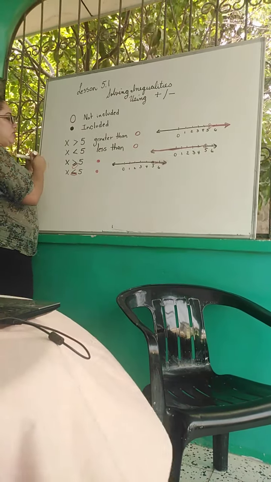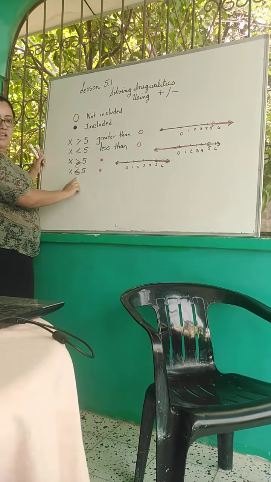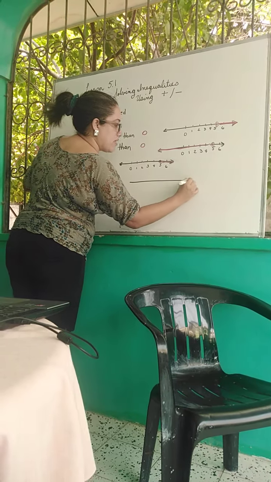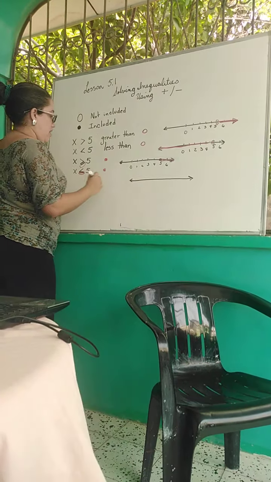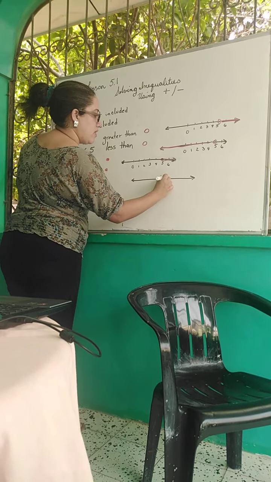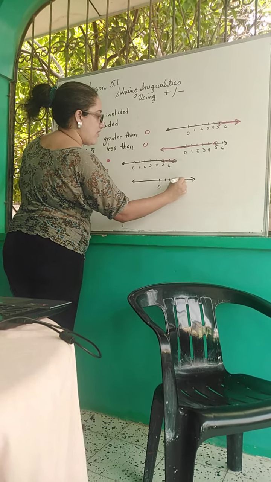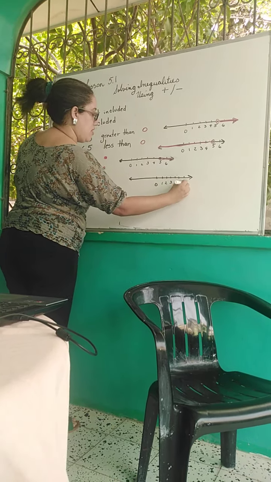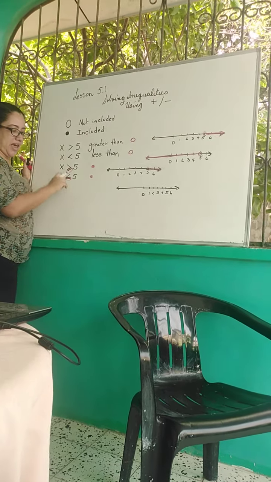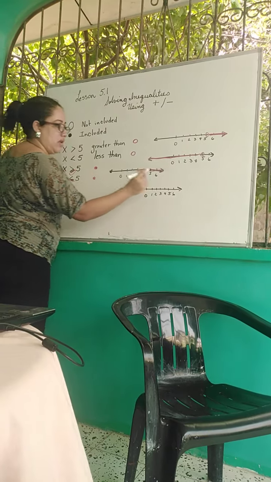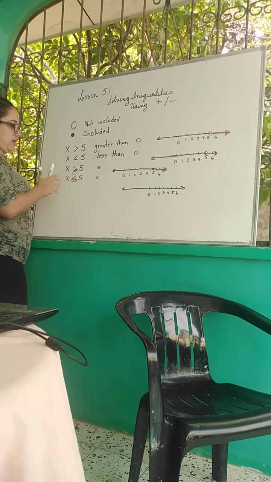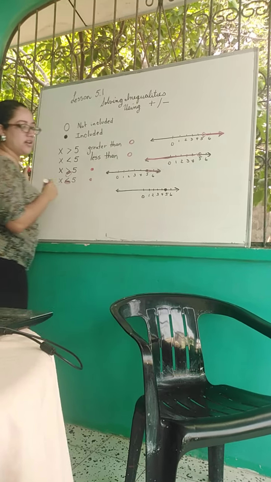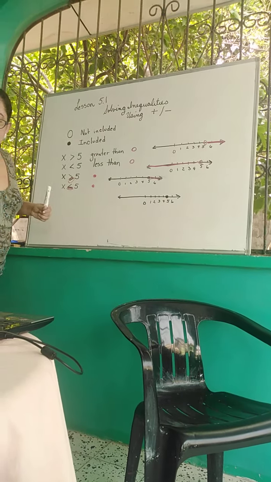Now let's go to x is less than or equal to 5. So here we go. 1, 2, 3, 4, 5. Okay, and in here, once again, it has the equal to. So we color the 5. I'll use another color.